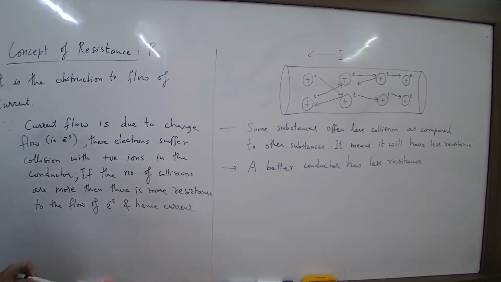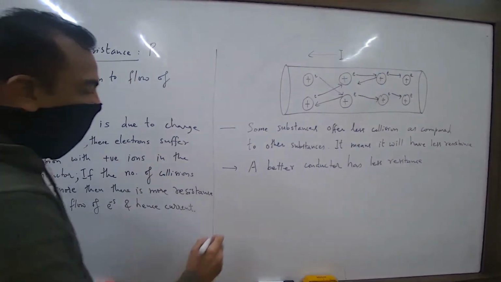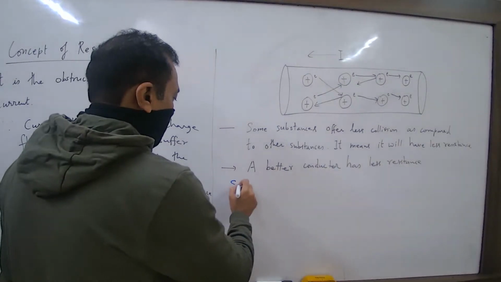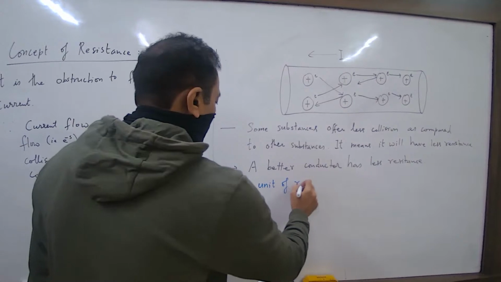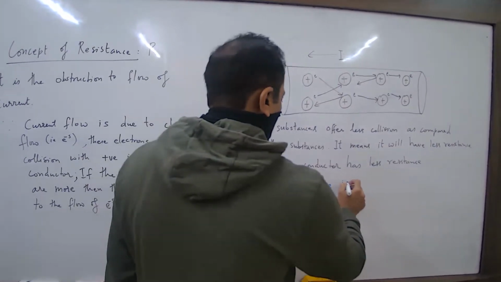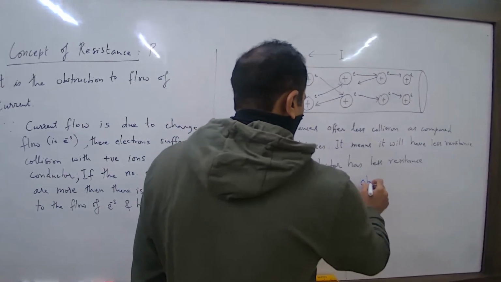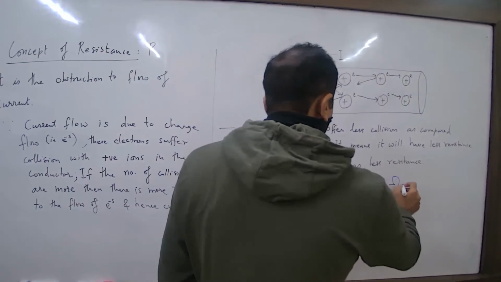So what is the unit of resistance? The unit of resistance is ohm. This is the symbol.